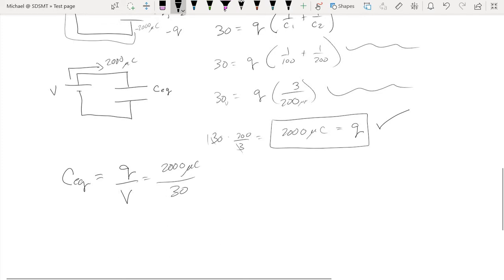And so we would have to have an equivalent capacitance of, let's see, 200 divided by 3 is not going to turn out pretty, but that is what, 66.7 microcoulombs. That would be the equivalent capacitance for this circuit.